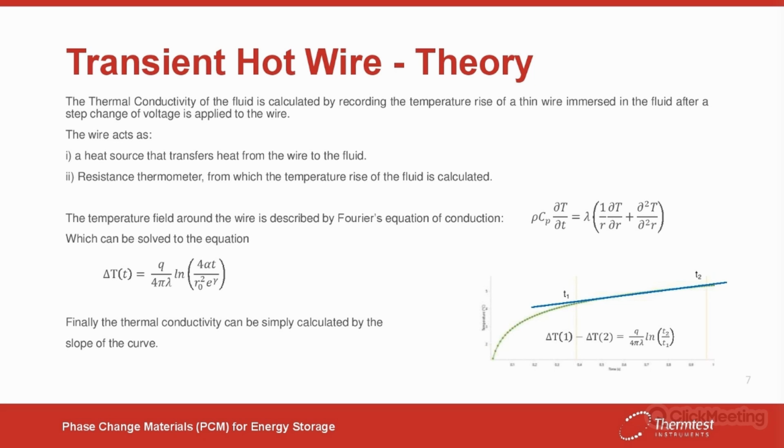Because of that, the wire is acting as a heating source that transfers heat from the wire to the fluid, and at the same time as a resistance thermometer from which we can record the temperature rise of the fluid.